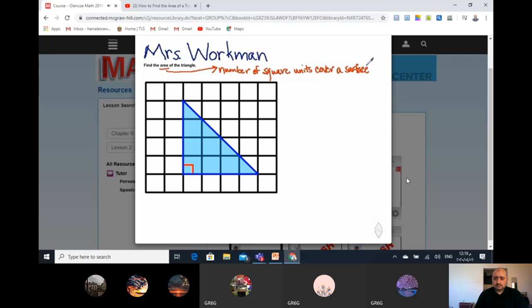There's a formula we use to find the area of a triangle. It looks like this. Area equals 1/2 times the base times the height.